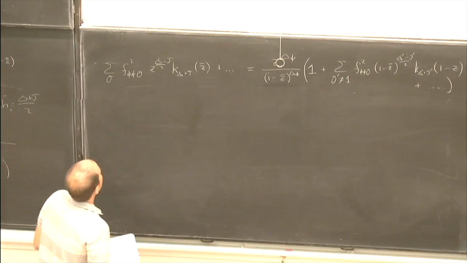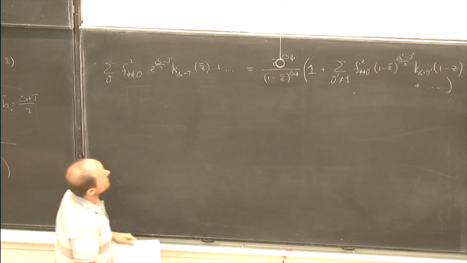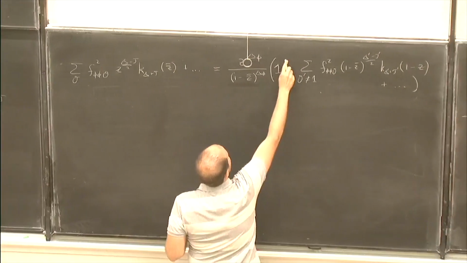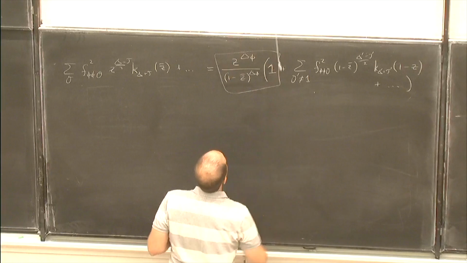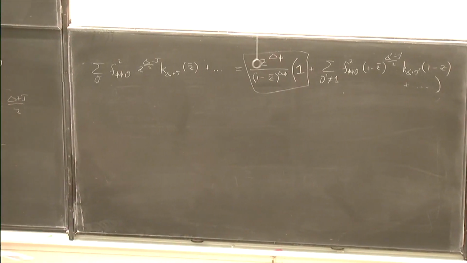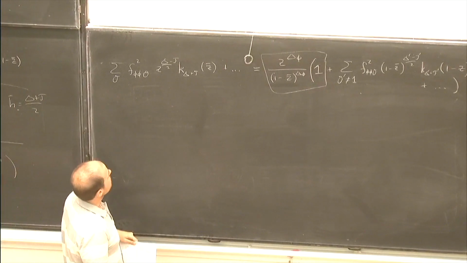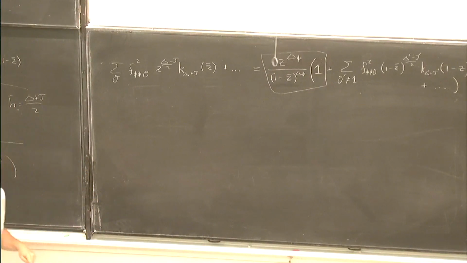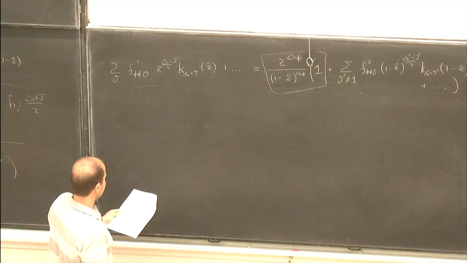So let's focus on the contribution of that term. We're going to look at this and try to understand how it's reproduced on the left-hand side. And as I said before, the way that it's reproduced on the left-hand side is not completely obvious. It takes a little bit of work to see.